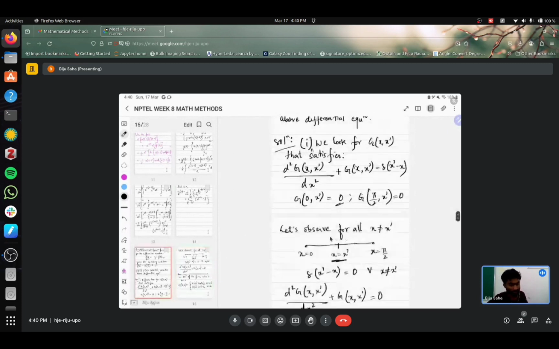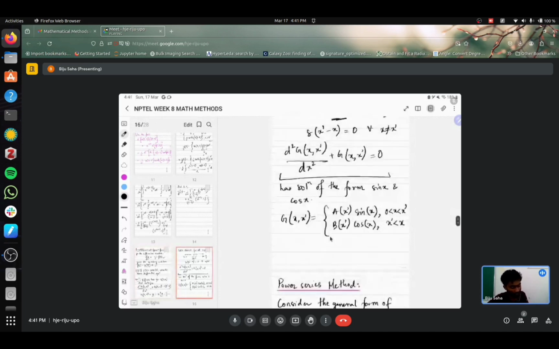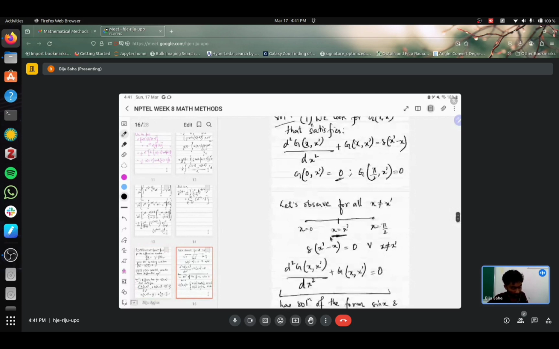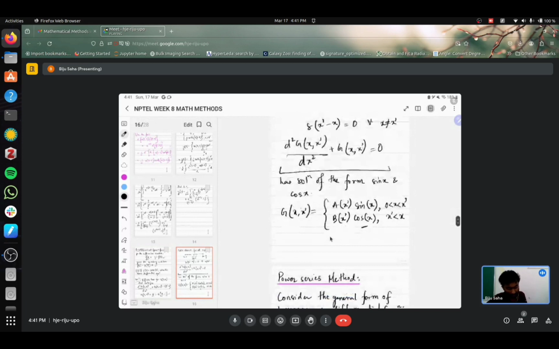That is the motivation behind choosing sin x for the lower range. For the upper range, I have chosen the function to be cos x because at x equal to pi by 2, I am supposed to obtain 0, and cos pi by 2 is equal to 0. So that is the motivation behind choosing g(x) of this form. Now the coefficients are yet to be determined. The coefficients can be determined by continuity arguments, where we impose that the function is continuous.